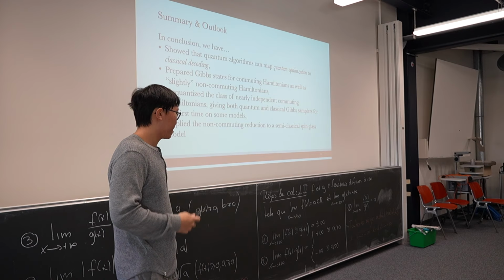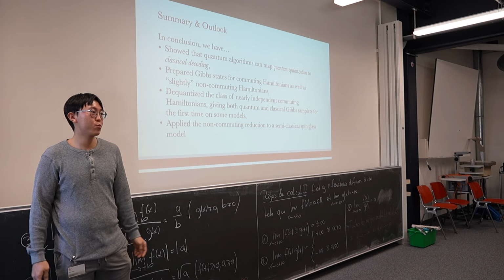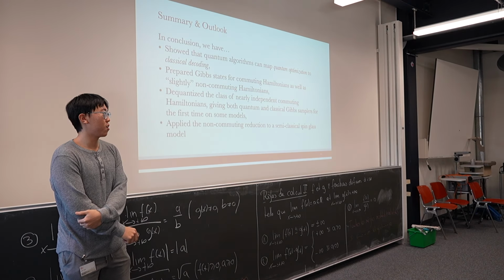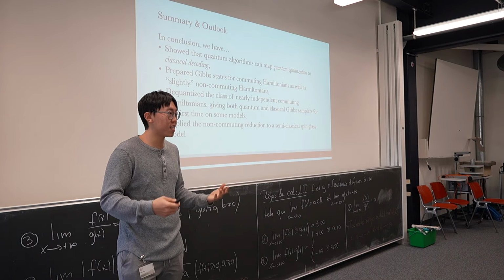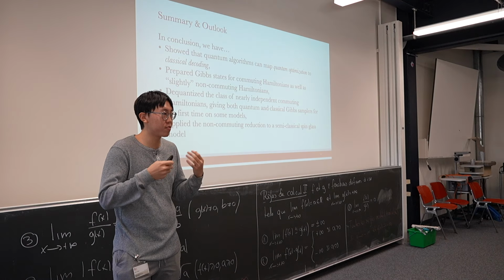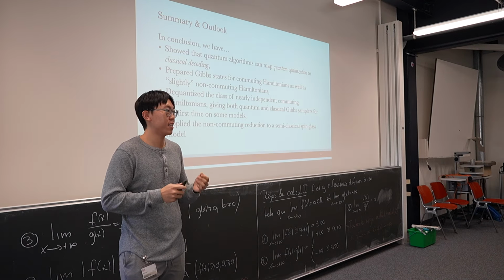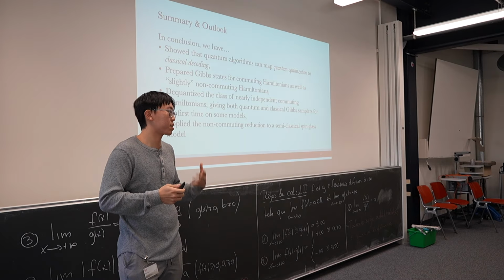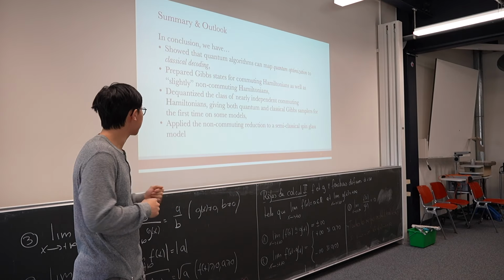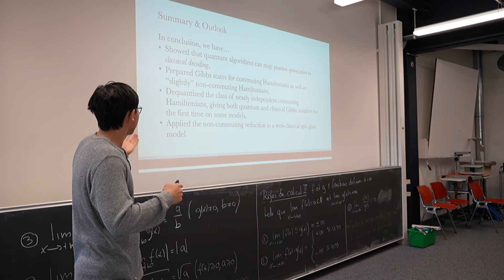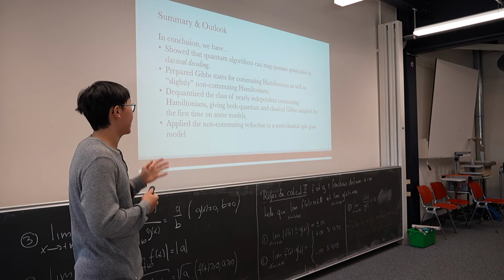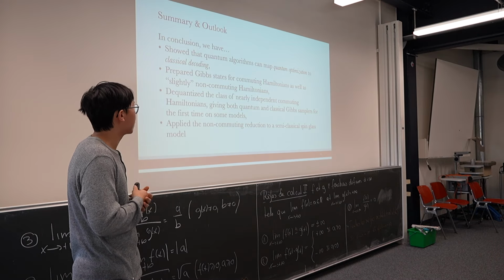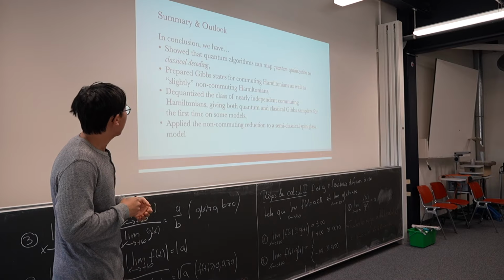And interestingly, many of the commuting Hamiltonians for which we successfully prepared Gibbs states are also dequantizable, which draws a nice boundary line and improves the sharpness of our understanding between the hardness of working with commuting versus non-commuting Hamiltonians. And finally, we worked with the semi-classical spin model as an exact instantiation, but I didn't speak too much about that.